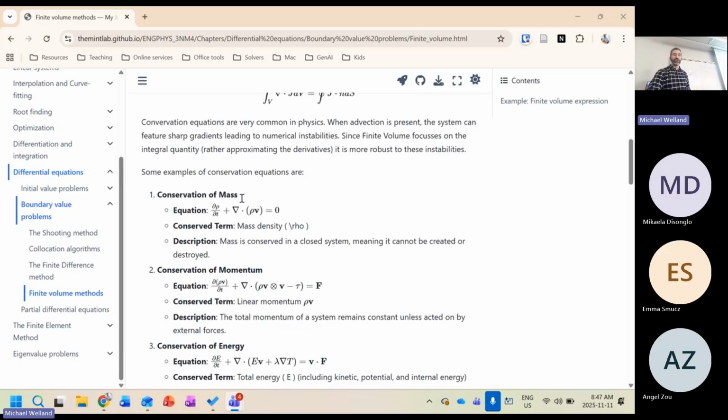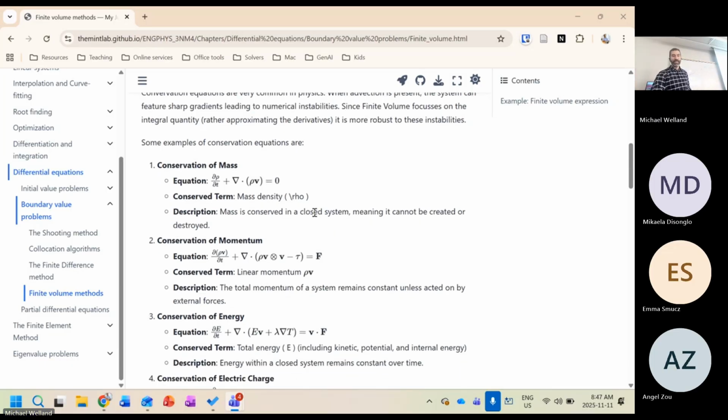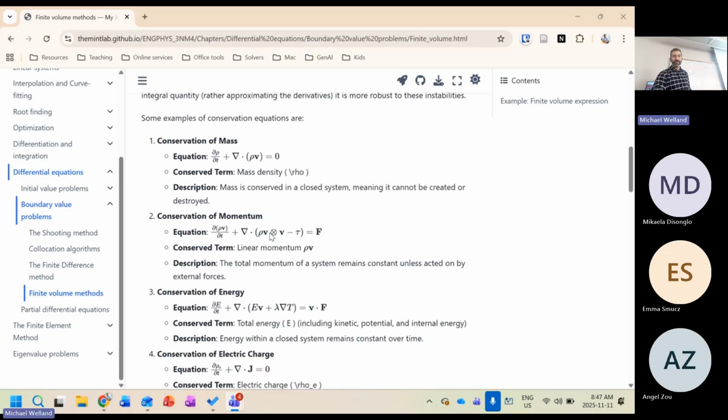So the number of students times their velocity, right? The divergence of that is the rate of change of students in the room. In this case, your conserved quantity is your mass density. Yeah, conservation of momentum is a little bit more complicated and frankly looks pretty ugly because of the vector quantity.